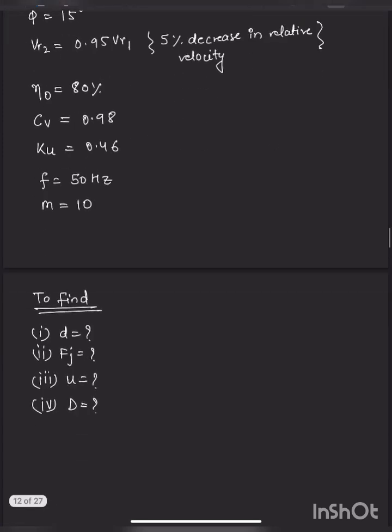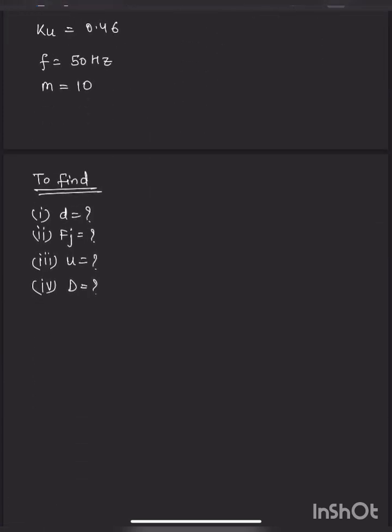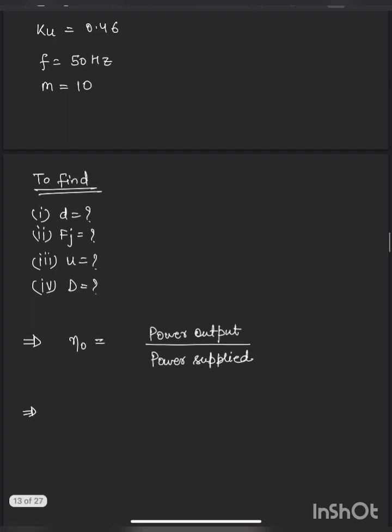First, we will write down the given quantities of the question separately. So we have written down the quantities and also the quantities which are to be determined. Now we know that overall efficiency is given by power output divided by power supplied.